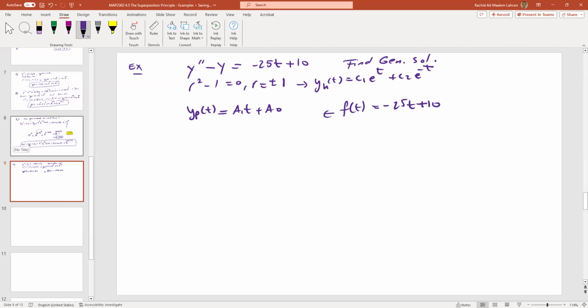Then we know the method is to find first the second derivative, whichever are needed, and substitute them back into the equation to determine the coefficients. All right, so that's next.